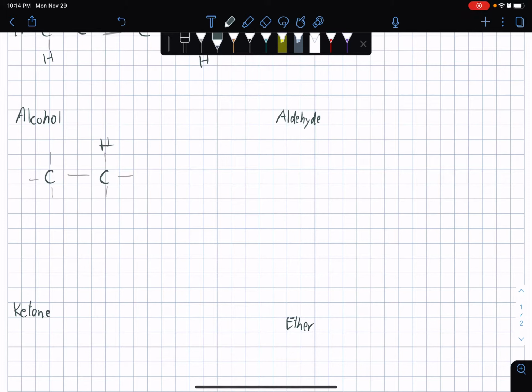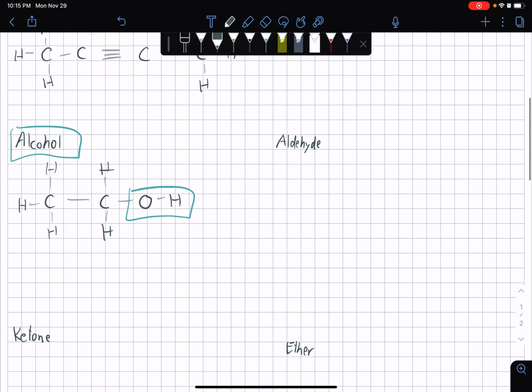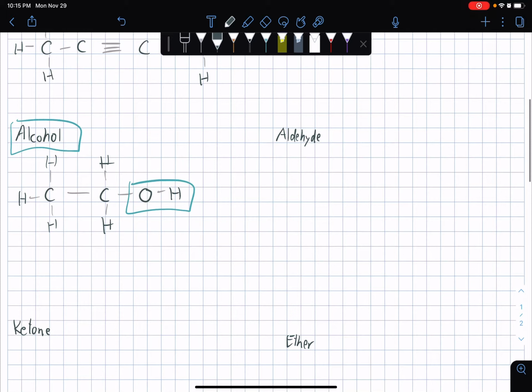So we'll be filling everything with hydrogen except for the right side. For the very east of the entire structure, we'll be having O and H. So this is what defines alcohol: OH, oxygen and hydrogen mixed together as an organic compound.